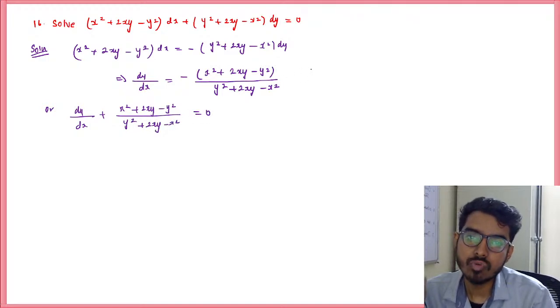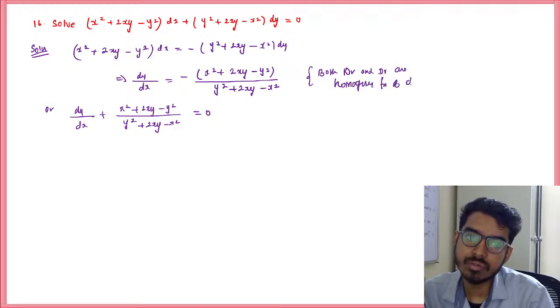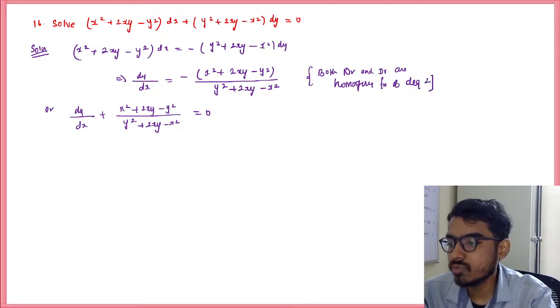So you can see both numerator and denominator are homogeneous functions of degree 2, right? Both are homogeneous functions of degree 2.